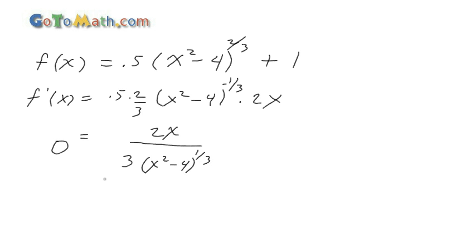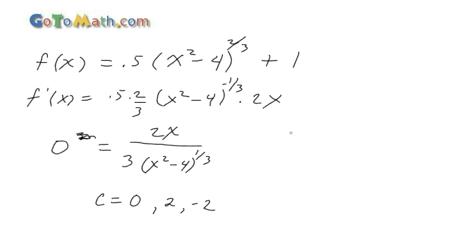And let's just go ahead and set that equal to 0. Let me cross out that equal sign. And so what we want to do is find our critical numbers. So what makes the numerator 0? Well, that's easy, 0. And then what makes the denominator 0? That's going to be 2 and negative 2.